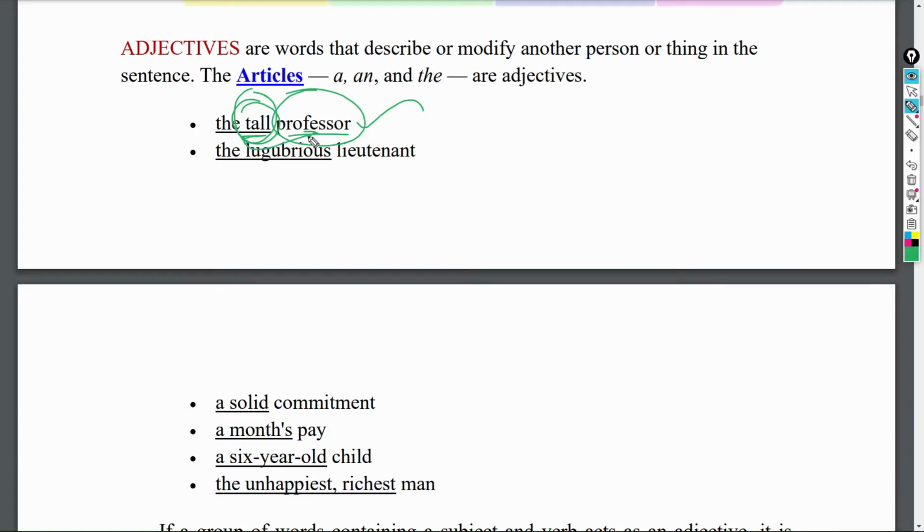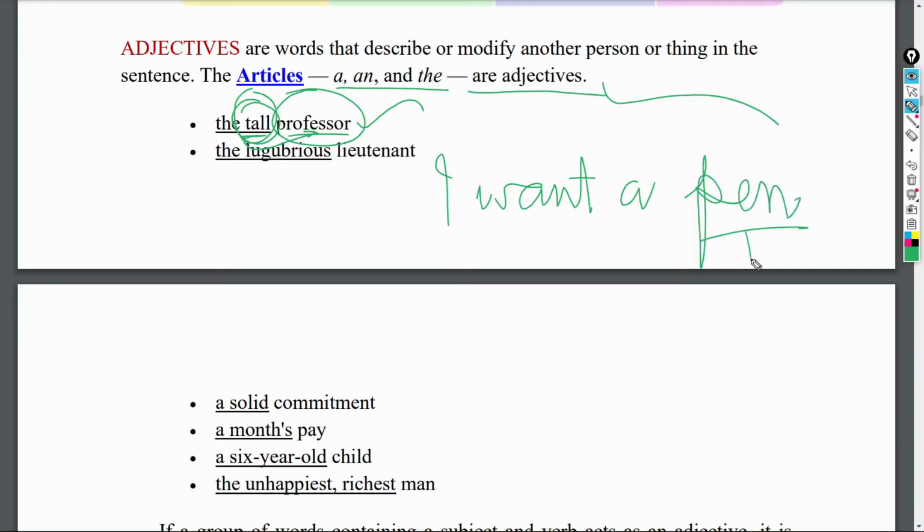Now let us see. There are three articles, a, an and the, and all these articles are adjectives. Why? Because when I say I want a pen, you see, pen is the noun, and before the noun, a is coming, a is fixing the pen. It means how many pens are needed?